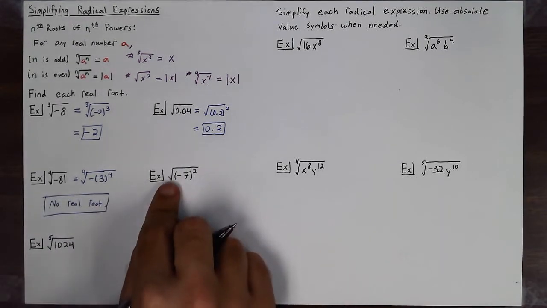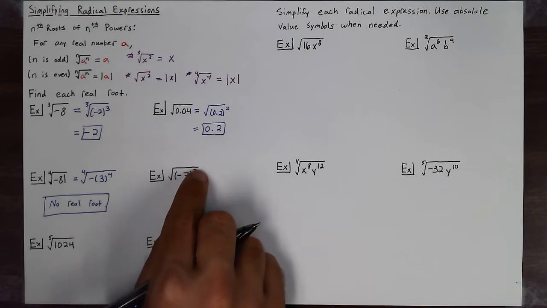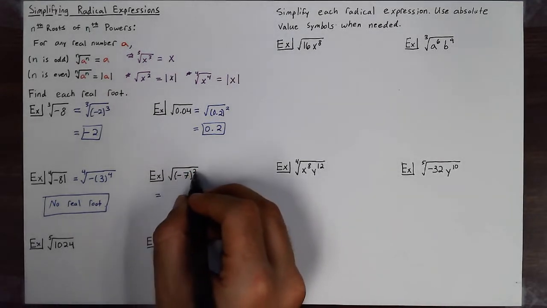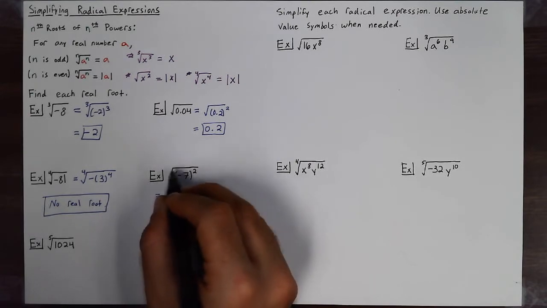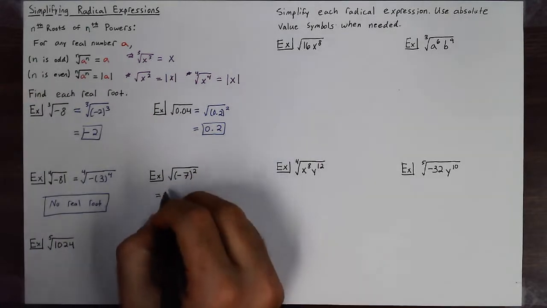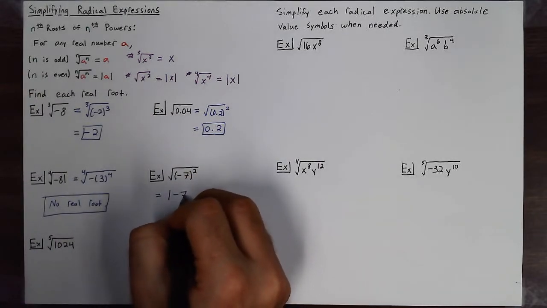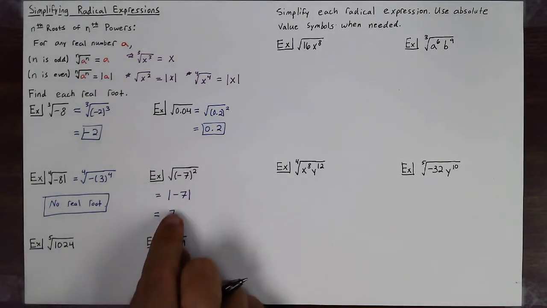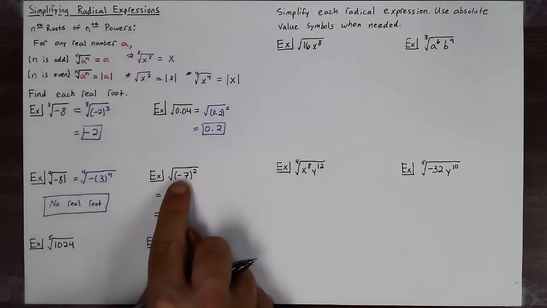Now over here we have the square root of negative 7 squared. If you notice that you already have something that is squared, I can cancel out that power with the square root, and since they match and it's an even root, I know I'll get the absolute value of negative 7, which simplifies to 7. And in case you don't understand why that can happen, well, what is negative 7 squared?